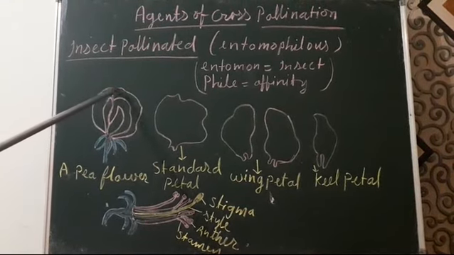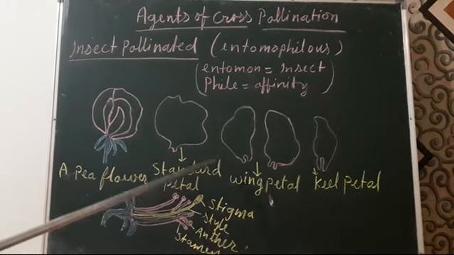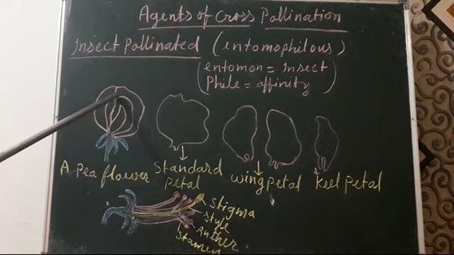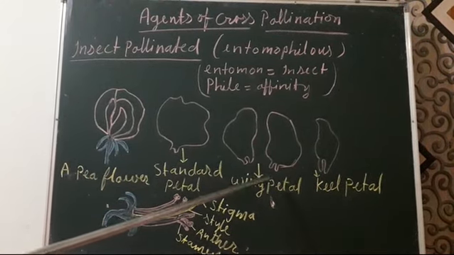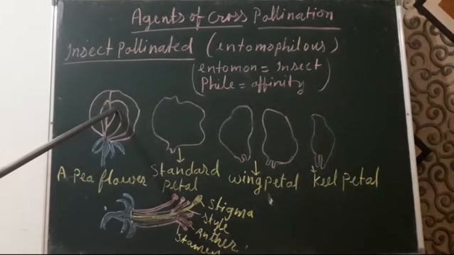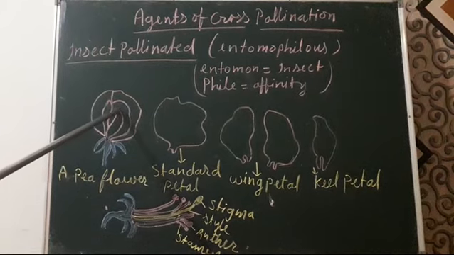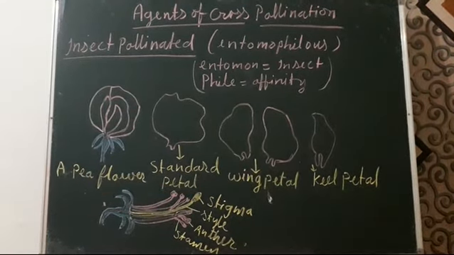Here you can see the large petal that is known as standard petal. Here you see this petal here that is known as wing petal. These both are wing petals, and you can see a small structure here. This is known as keel petal.